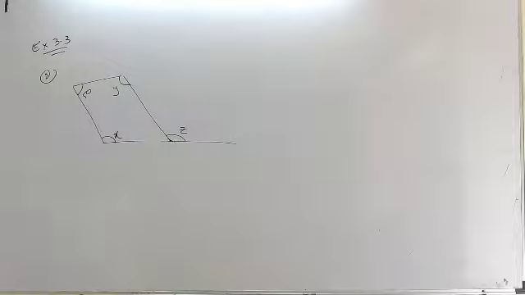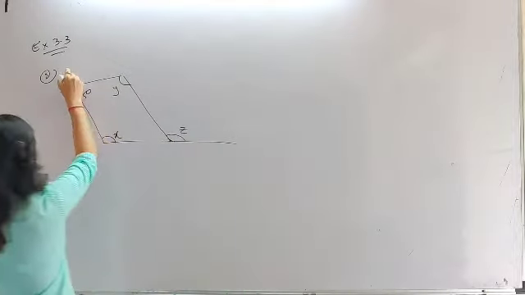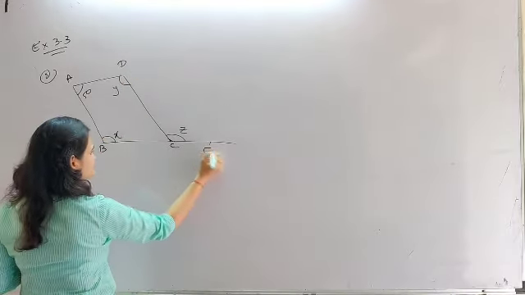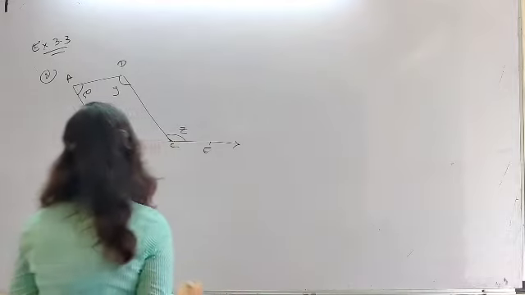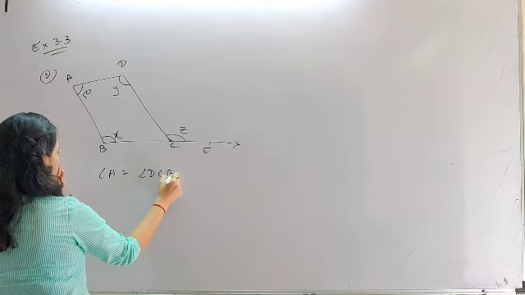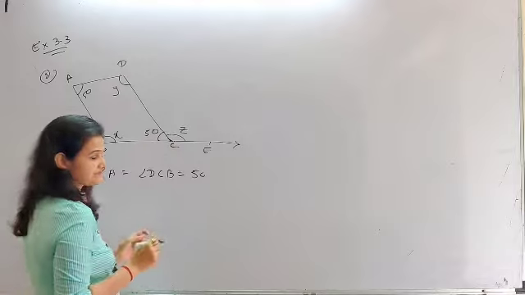Now here one parallelogram is given. Naming this as A, B, C, D, and here it is E. Now we have to find x, y and z. So angle A is same as angle DCB, which is equal to 50. So this angle is equal to 50.